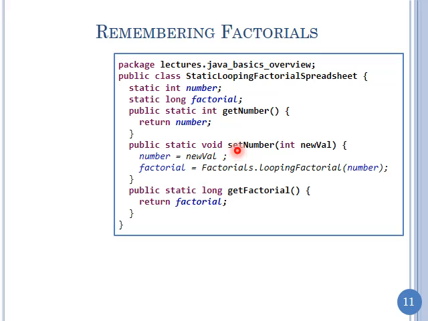Whenever you set the number, the value that is passed to the method is stored in this global variable called number. Plus the factorial is computed for that number, whether you want it or not, and stored here. And once you set 20, you can say get factorial again and again to get the 20 factorial. You don't have to go and compute it again and again. So that's what this problem is doing.